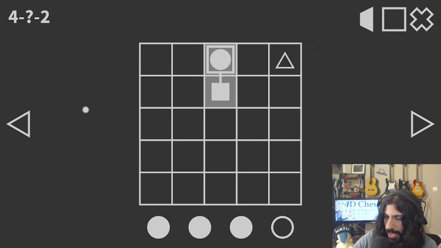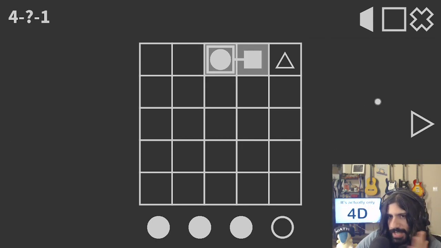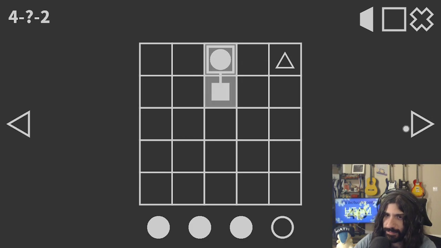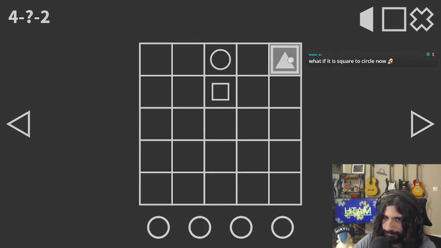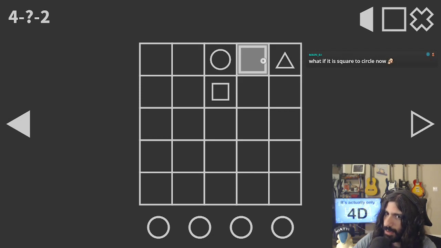Okay, what's the difference? Well, we're talking about negative space, right? So maybe if you don't count the triangle, I have no idea. Oh, interesting.